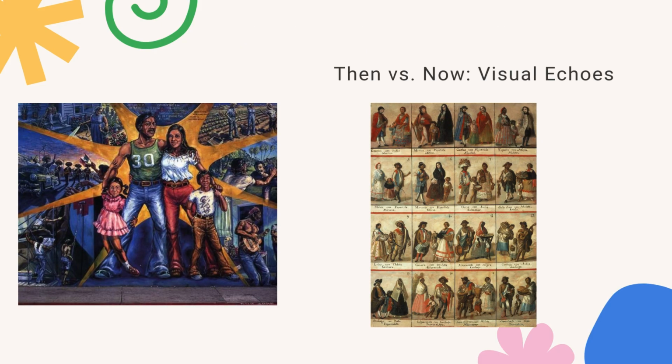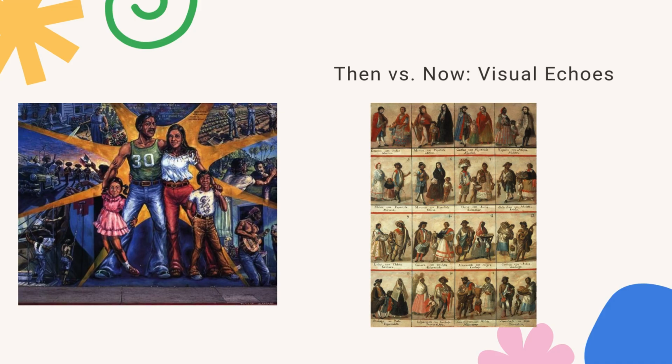When colonial images are placed in direct conversation with contemporary murals, their visual relationship becomes unmistakable. Both use strong color palettes, symmetrical compositions, and symbolic objects, but their meanings diverge sharply. Colonial imagery sought to define people within a strict social framework.